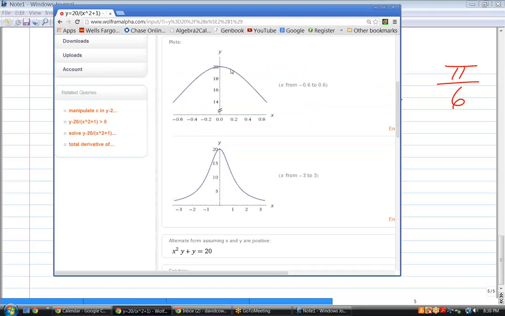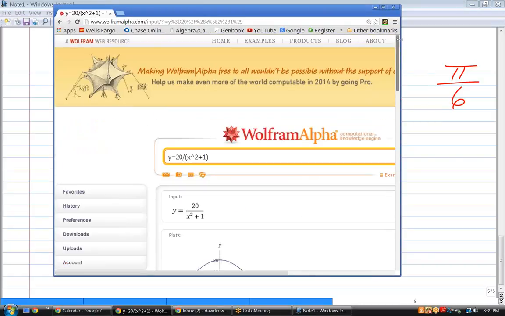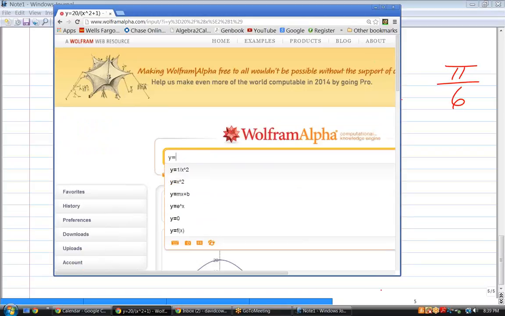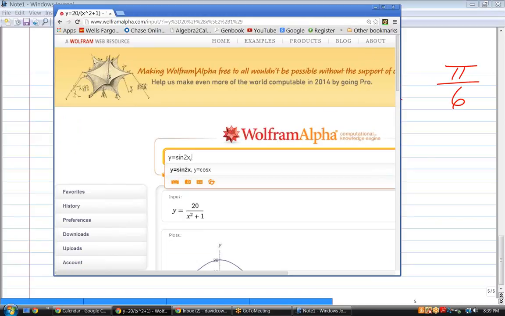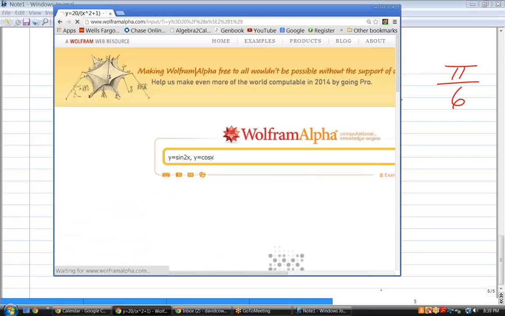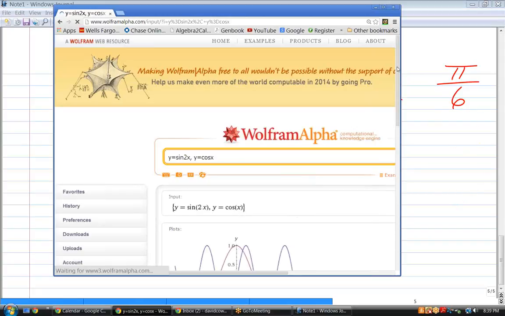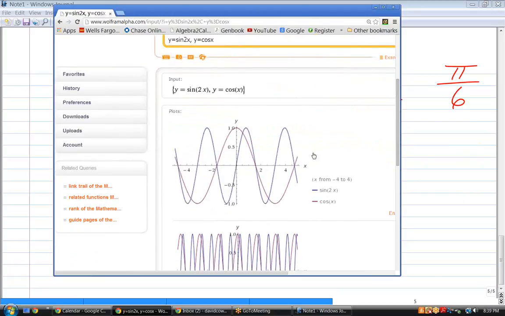Let's see what happens if I graph two functions at the same time. y equals sine of 2x and y equals cosine x. Okay, well the blue line is the sine of 2x. Purple line is the cosine.